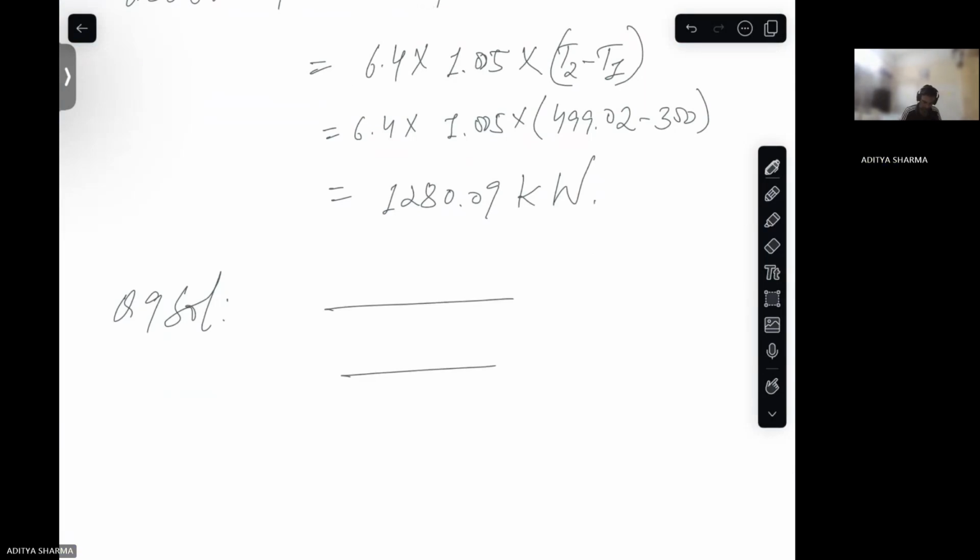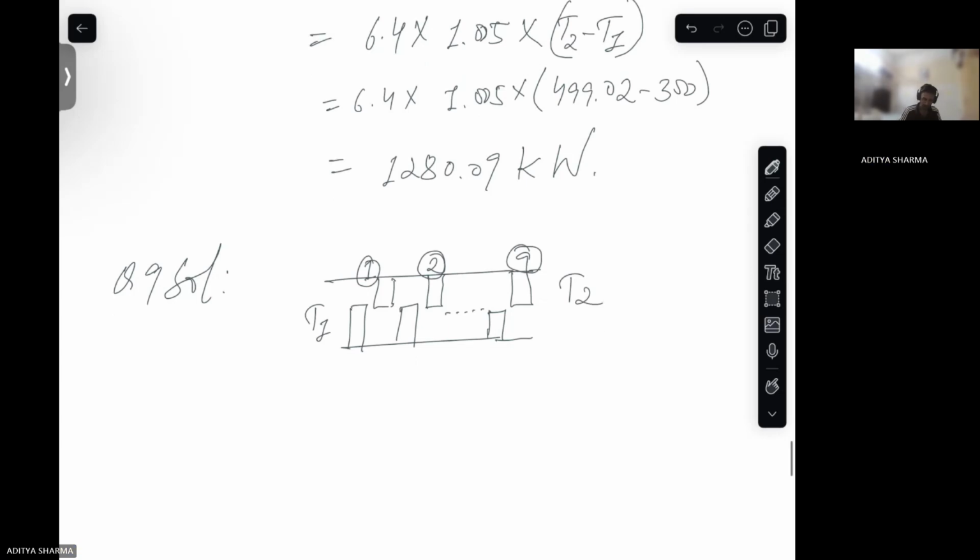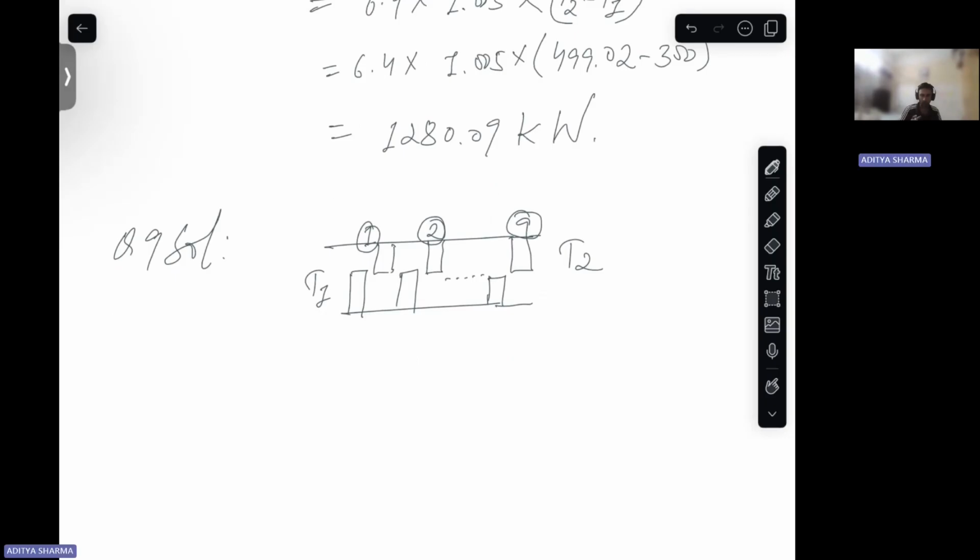So it is something like this: 1, then 2, then this way, this is 9. This is 1, this is 2, this is 9. 9 stages are there. And here it is T1, this is T2.